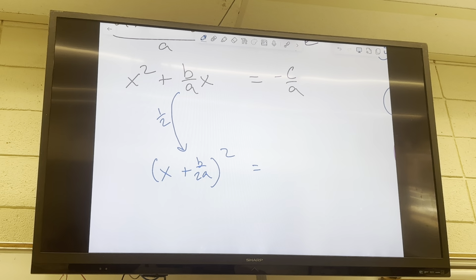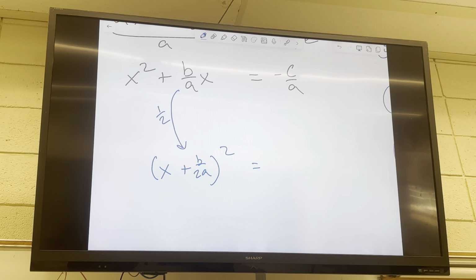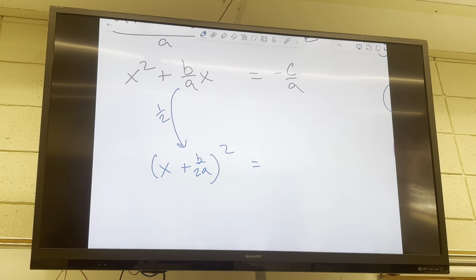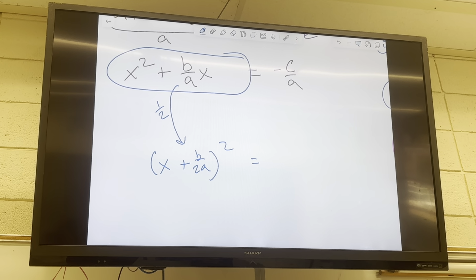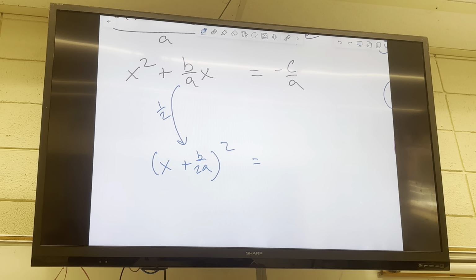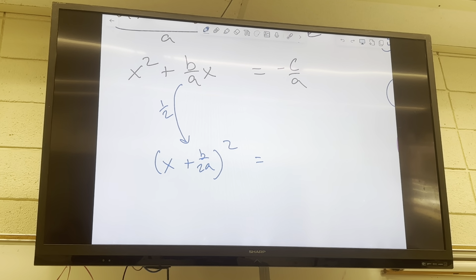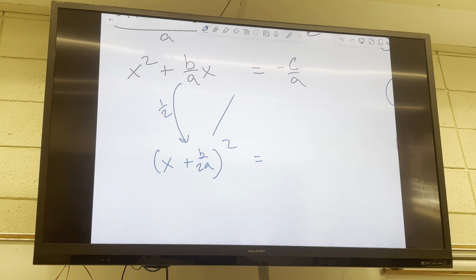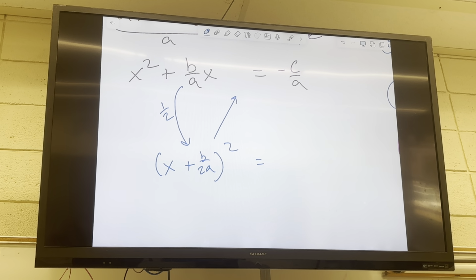Then we use that to inform us as to what we should add to make it a completed square. We don't even have the trinomial form of the completed square yet, but we're going to use what we want to tell us what to add. So this is where we're kind of going backwards. We did step 4 already, and now we use that to tell us what we needed to add to complete the square in step 3.